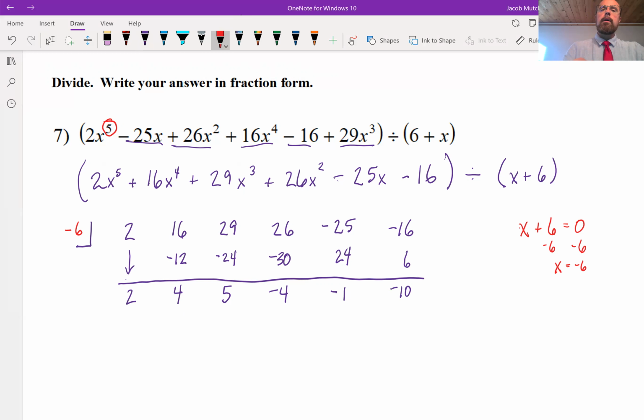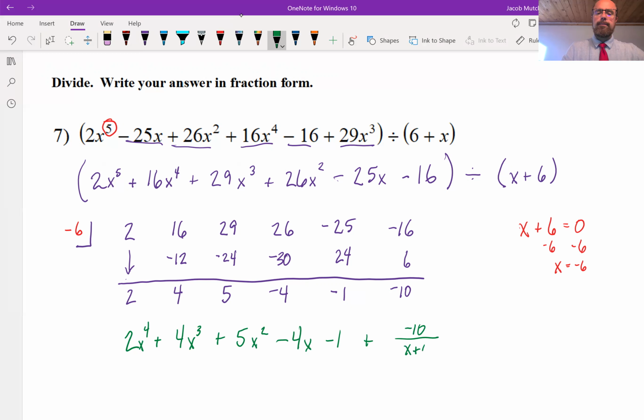So for this division, my final answer is going to start with 2x to the power of 1 less than 5, so 2x to the 4th, plus 4x cubed, plus 5x squared, minus 4x, minus 1, plus negative 10, all divided by x plus 6.